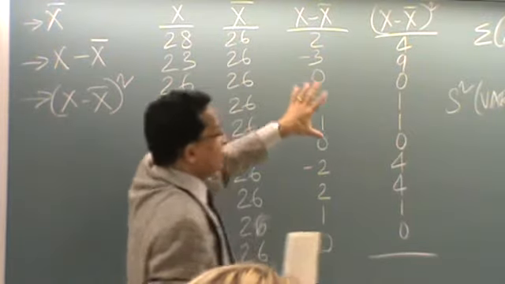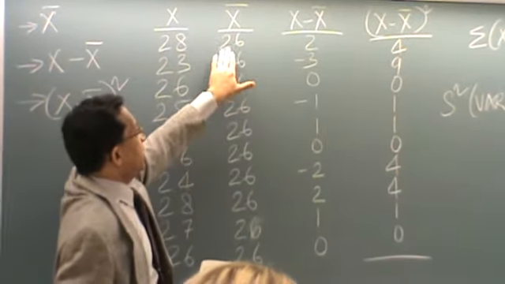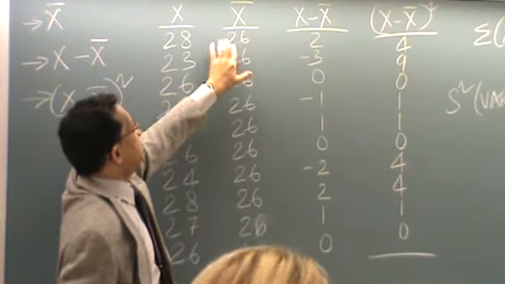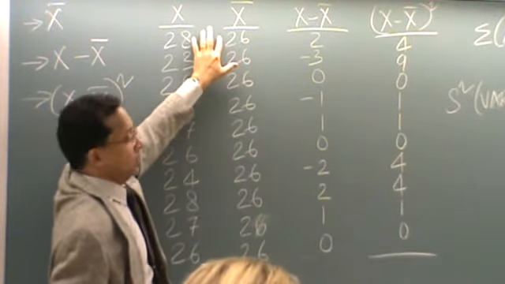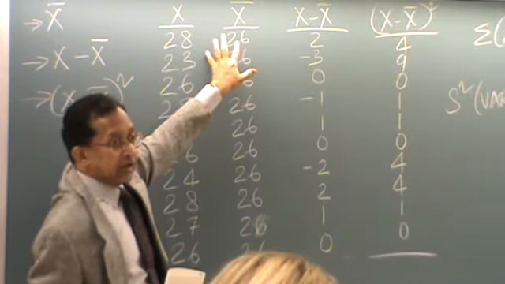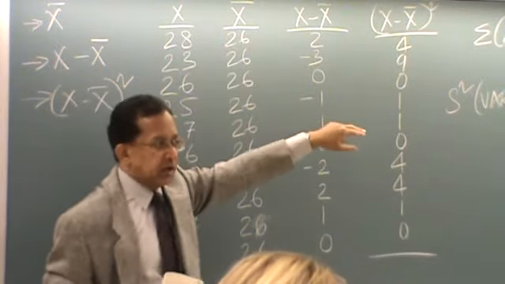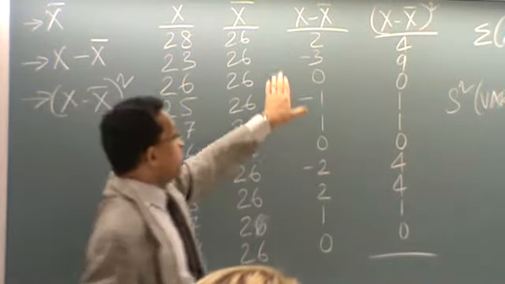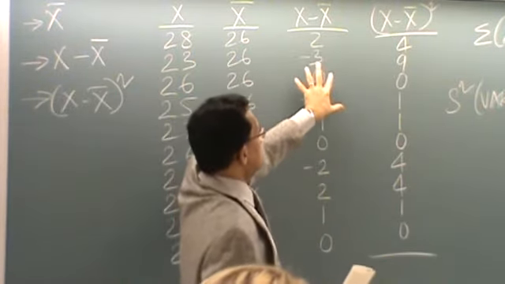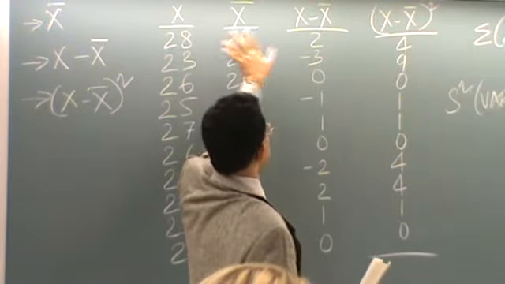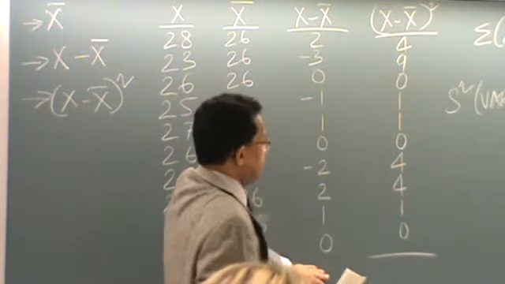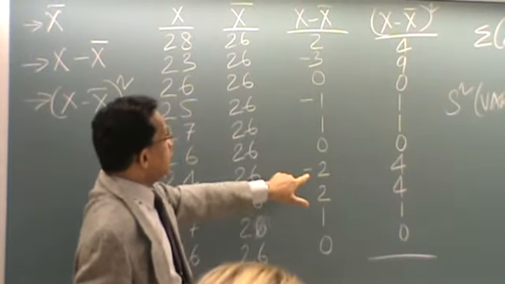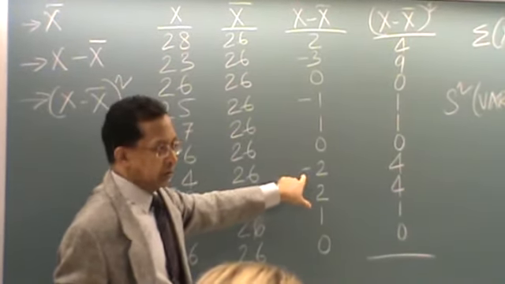We also call it mean deviation because we are looking at the mean, trying to figure out how much it varies from the mean. If the value is higher than the mean, then you have a positive sign. If the value is lower than the mean, then you have a negative sign. So we calculate the distance between these two values, all 10 of them. Then we have several deviations which have a negative value.